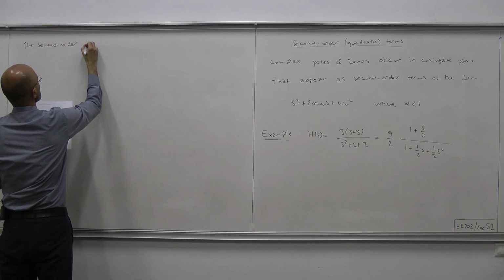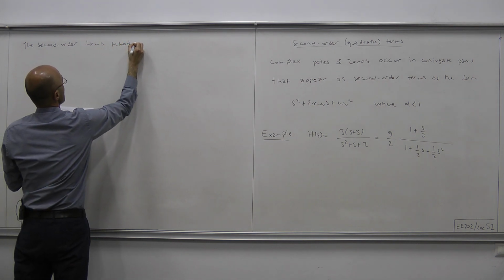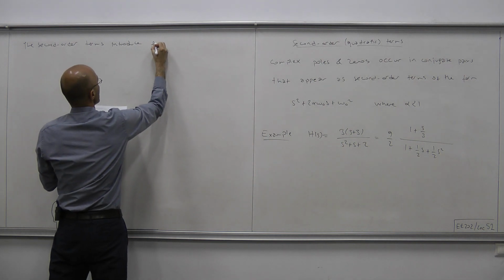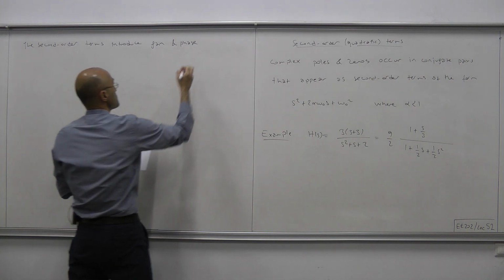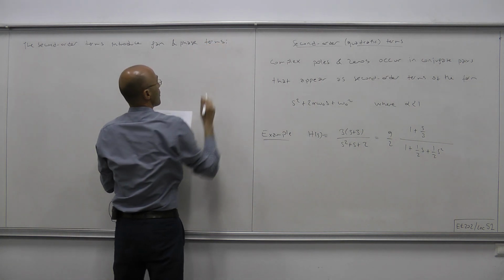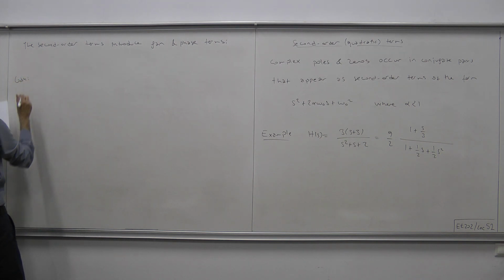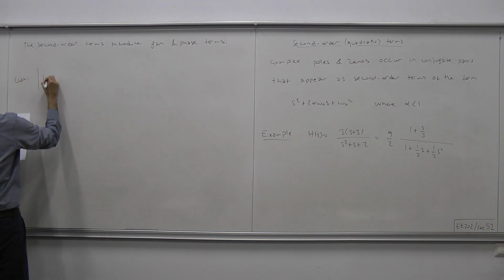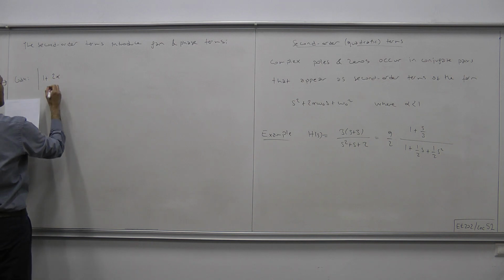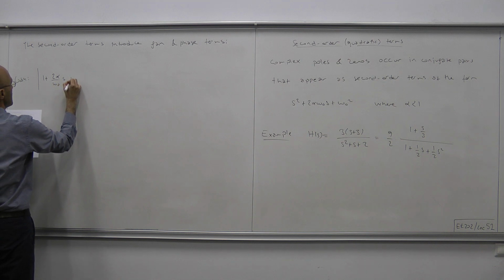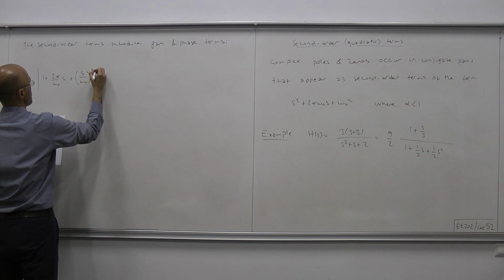The second order terms introduce gain and phase terms of the following form. As for gain, we have 1 plus 2 alpha over omega 0 s plus s over omega 0 squared.